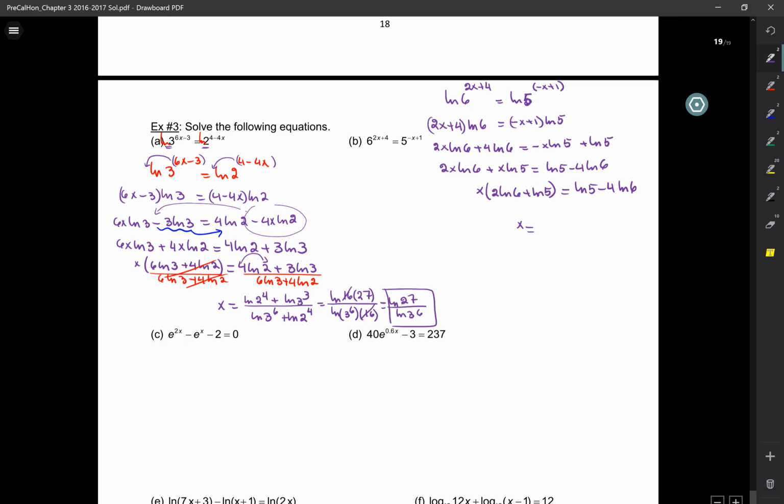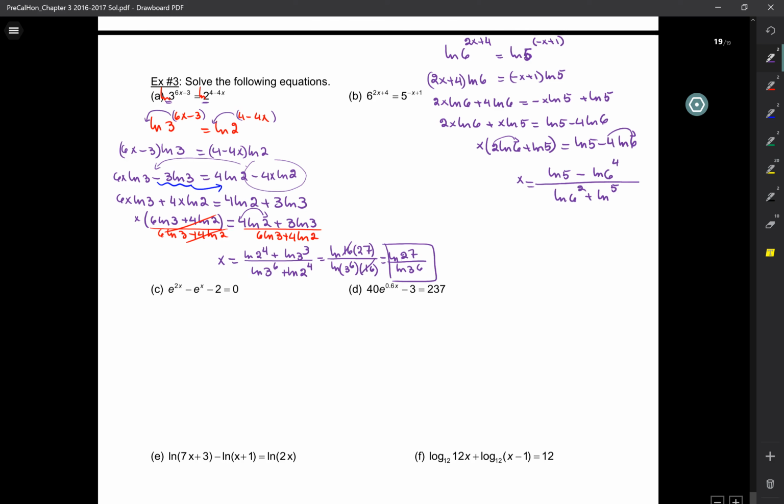So x equals ln of 5 minus, let's condense, ln of 6 to the 4 over, this is going to go up there, ln of 6 squared plus ln of 5.